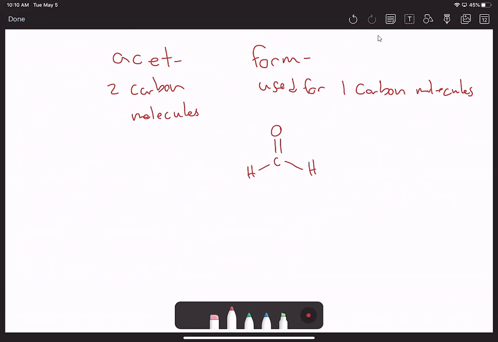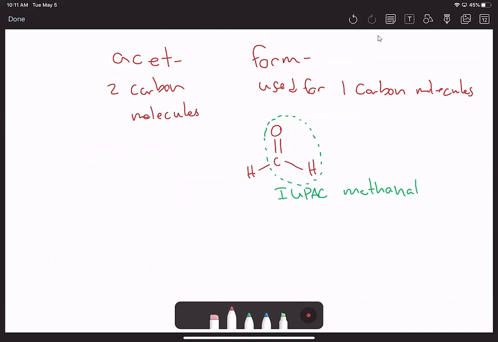So this is something that we've already seen previously. This is an aldehyde. And I know it's an aldehyde because I see my carbonyl with a hydrogen signifying aldehyde. There's one carbon here, so as far as IUPAC goes, this is named methane. We drop the E, and we name it methanal.